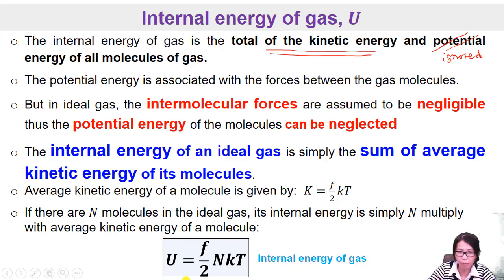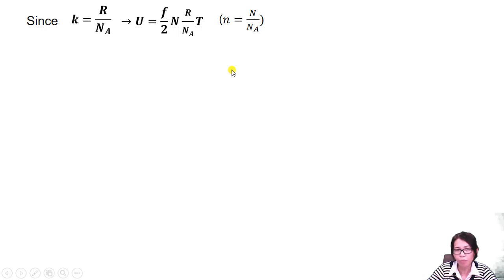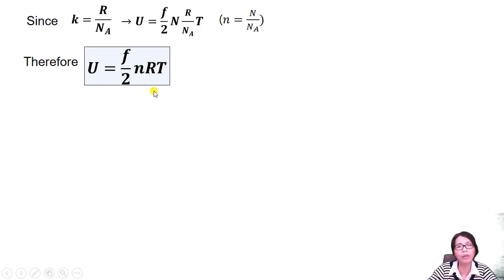So this is the formula to determine the internal energy of gas. Then since the Boltzmann constant is R over Na, when I replace the k with R over Na, N over Na is the number of moles, so I will have another equation to calculate the internal energy of the gas, whereby U equals F/2 nRT.